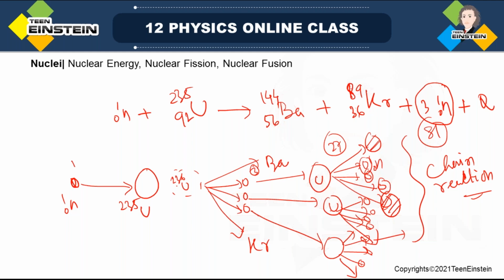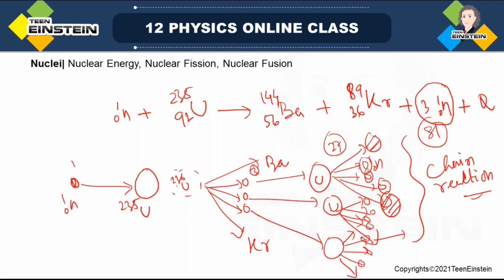This happens during the explosion of a nuclear bomb. An uncontrolled chain reaction happens, due to which an enormous amount of energy gets released.